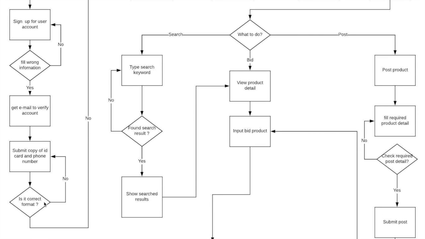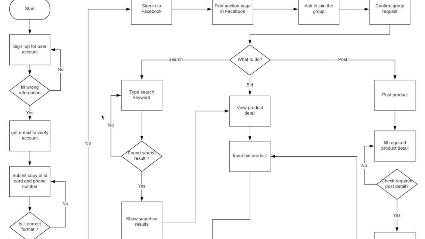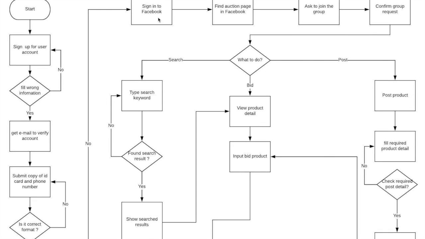If it is in the correct format, it will show you to sign in to Facebook, and then the user can find the auction page in Facebook and ask to join the group. After that, if they get the group request confirmed, the user can choose what to do. There are three things they can choose.